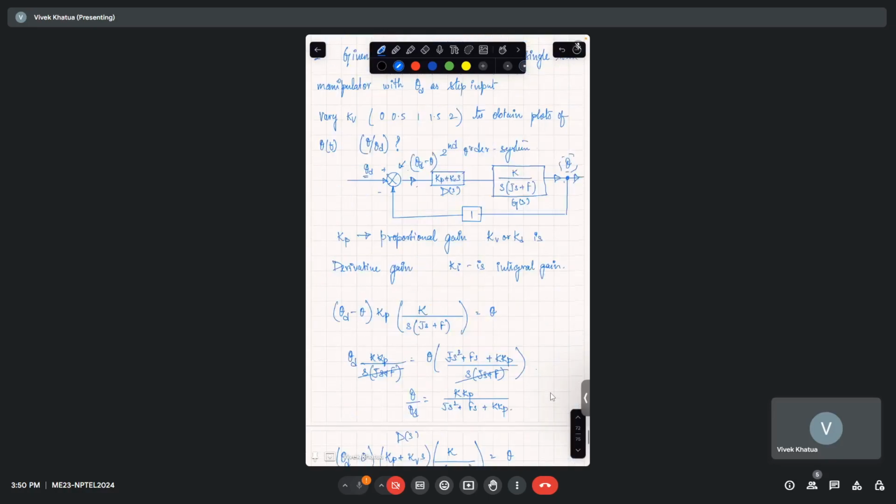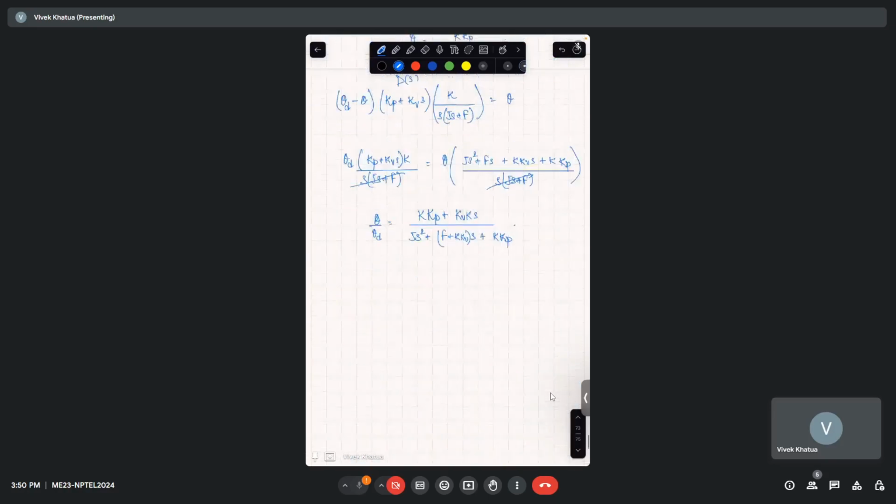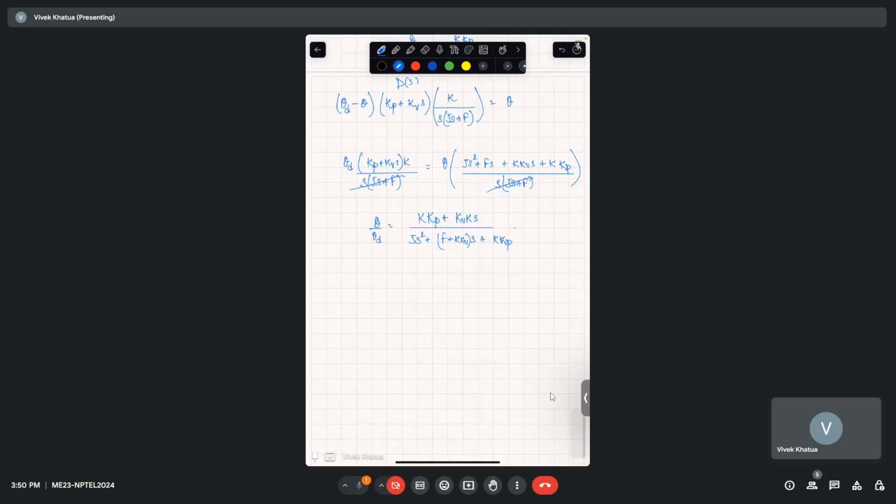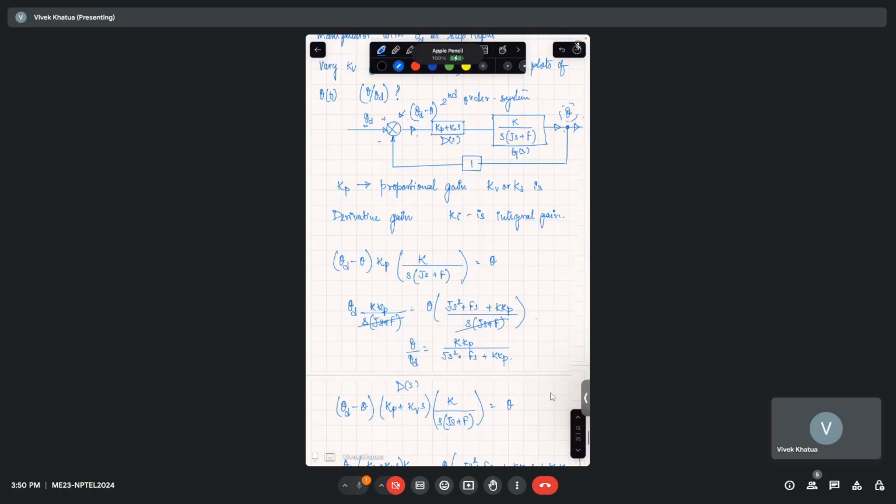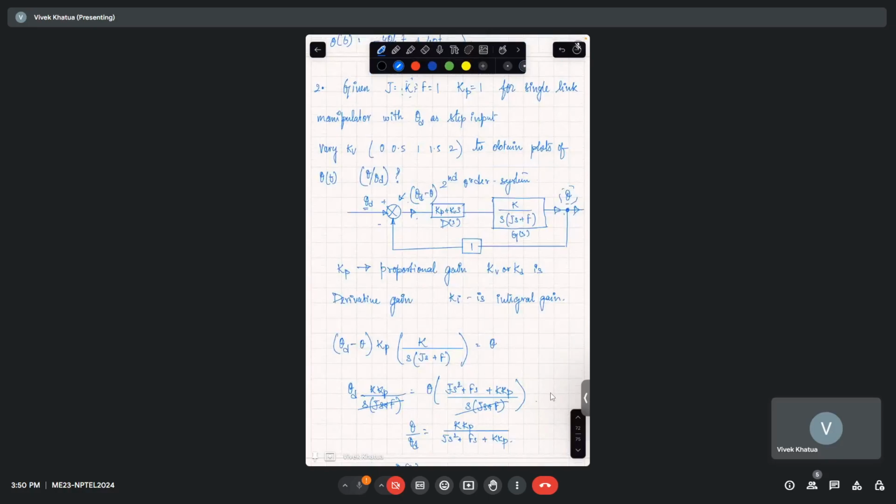So anyway, we will switch to MATLAB and show how to do this. For a step response, in the frequency domain we have 1 by s.